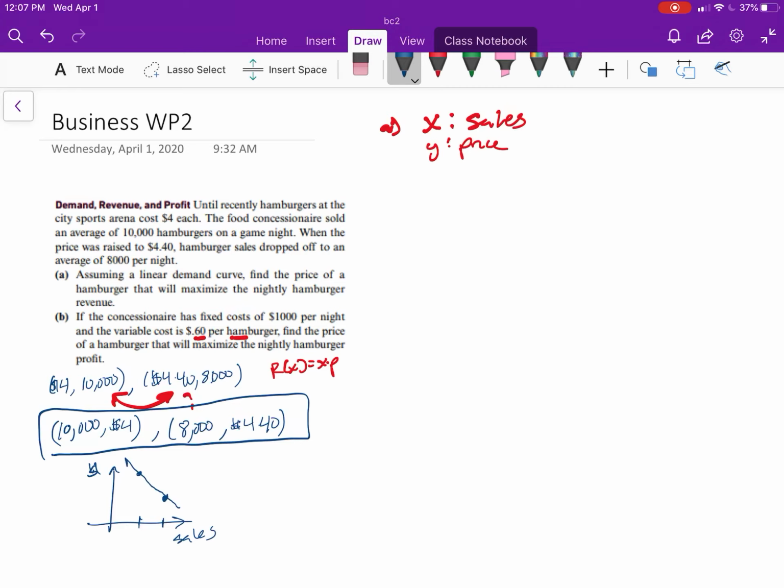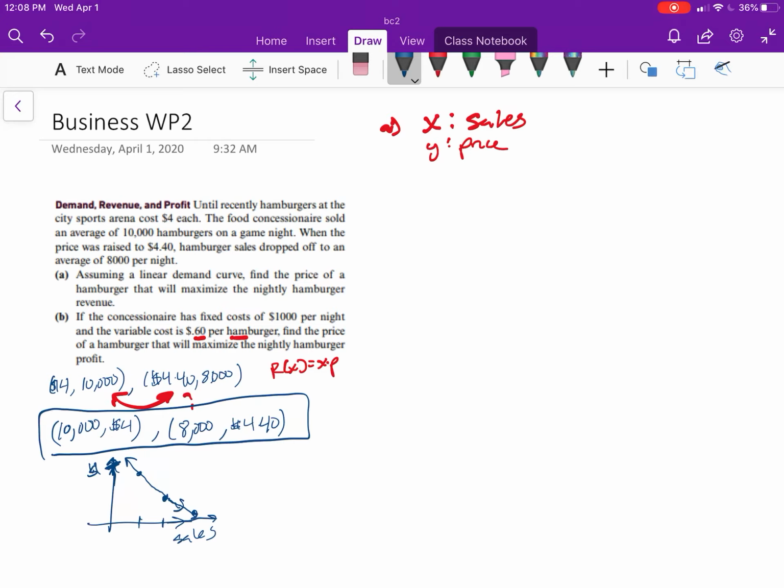So I'm getting some sort of curve like that. And that makes sense too, because if I think of a really, really high price, I might not sell any. If they were $100 a burger at this city sports arena, you probably are not going to sell any. However, if you made them free, your sales would skyrocket. 50-cent burger night, everyone's buying them.